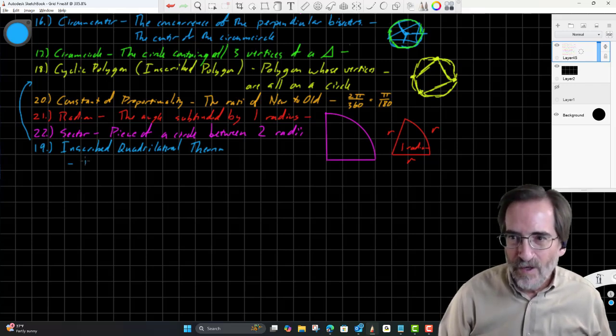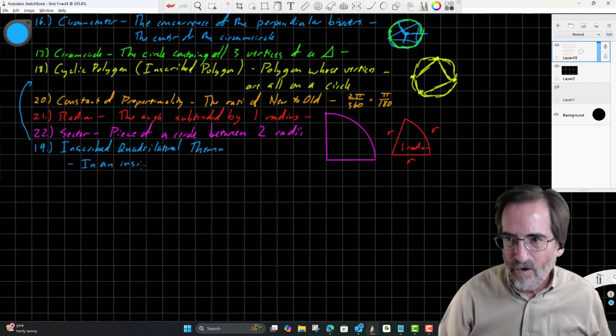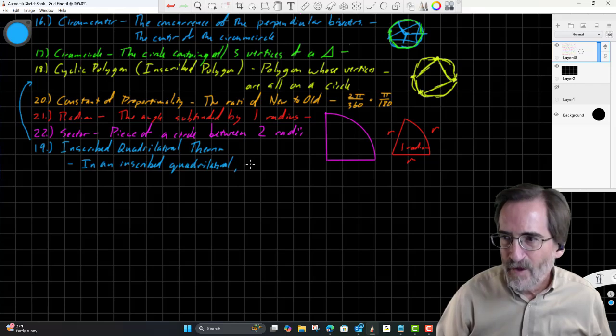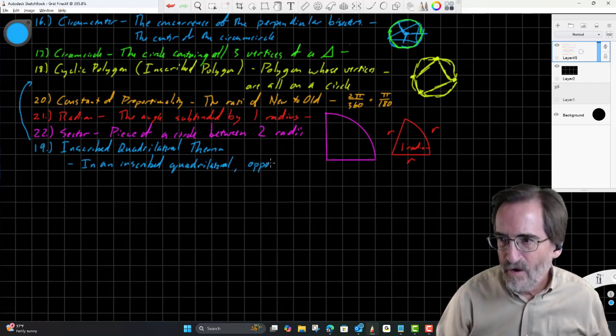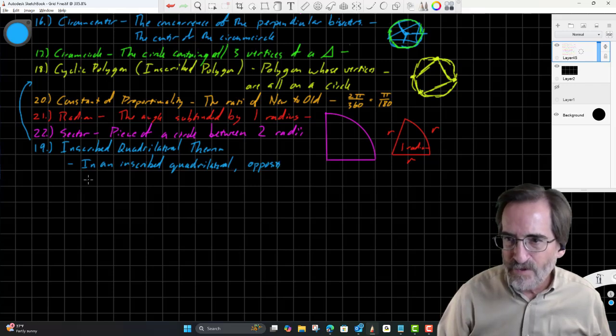So in an inscribed quadrilateral, opposite angles are supplementary. That means it adds to 180 degrees.